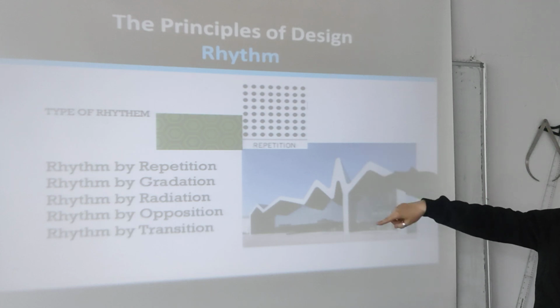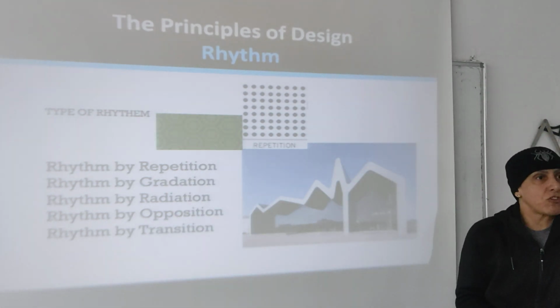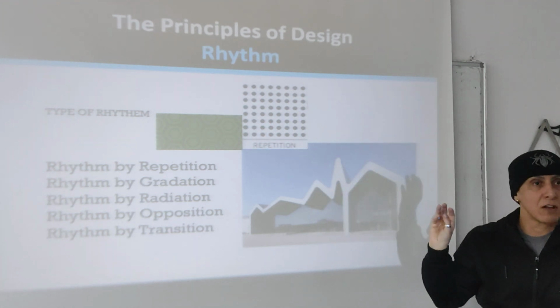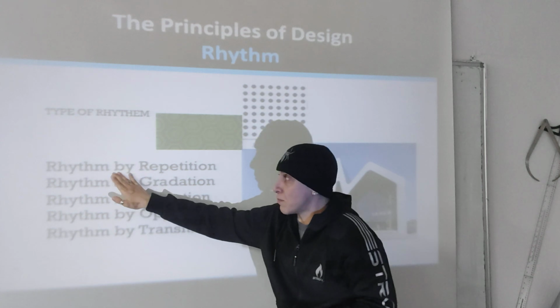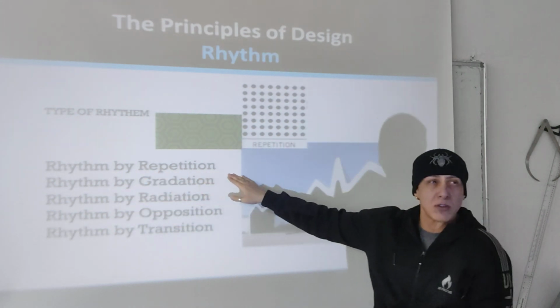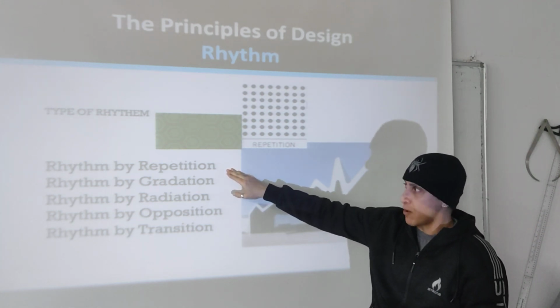Now we will see there are several types of rhythms. It's not just one type. It's not just taking a shape and repeating it. So we have rhythm by repetition. Essentially, we need to have repetition to have a rhythm. Repetition is very important for rhythm.